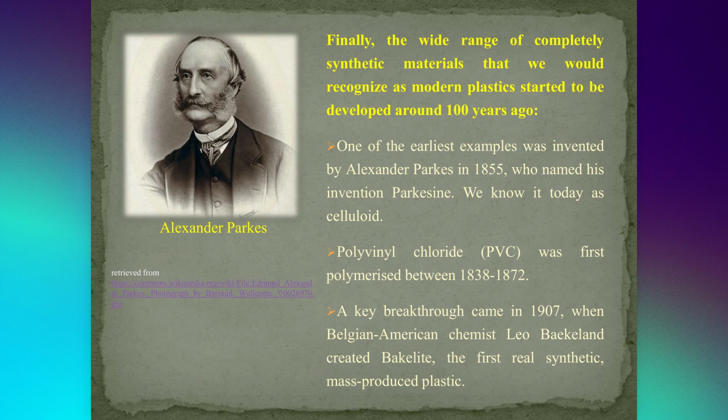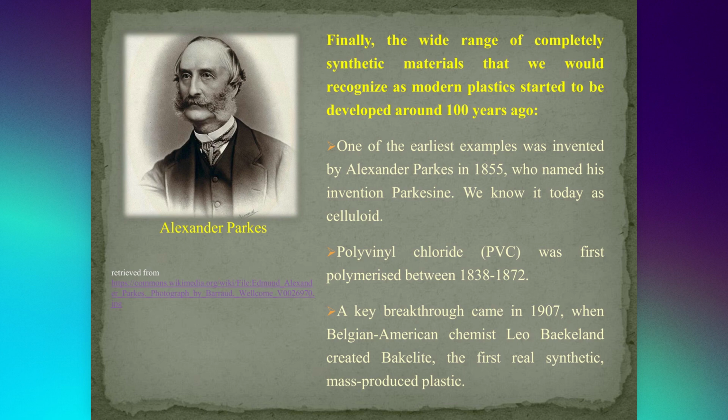Finally, the wide range of completely synthetic materials that we would recognize as modern plastics started to be developed around 100 years ago. One of the earliest examples was invented by Alexander Parkes in 1855, who named his invention Parksine. We know it today as celluloid.